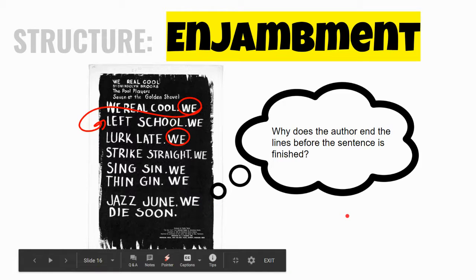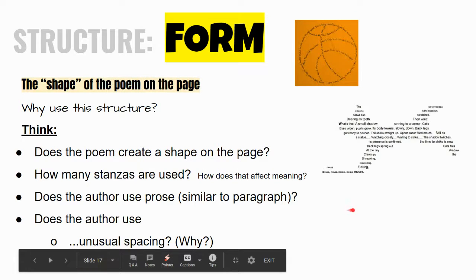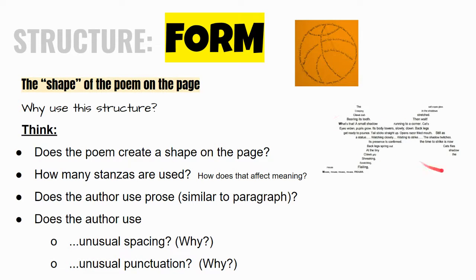Okay, form is super fun. Look at your poem to see if it makes some kind of a shape. A lot of times poems will be in different shapes to emphasize, to really call attention to what the subject is or something about the subject.